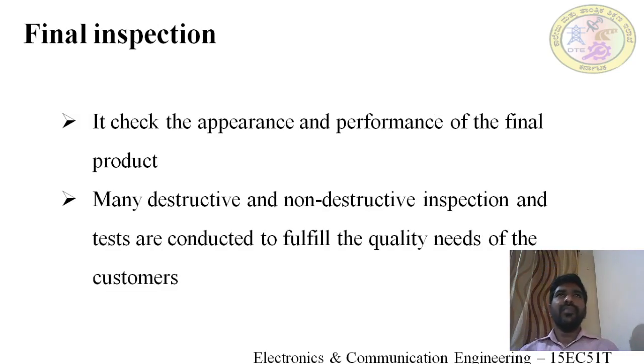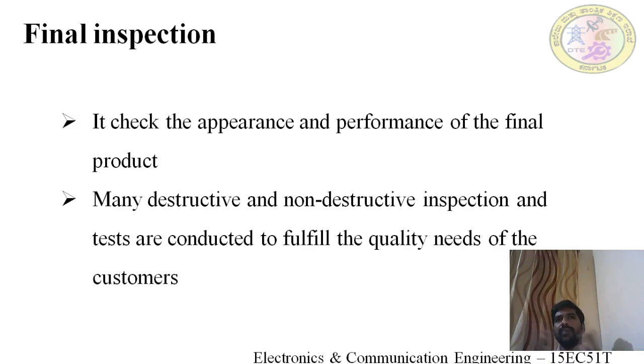Then final inspection. The final product needs to undergo verification, both performance verification and non-performance verification. Performance verification we call functional verification. Non-performance verification we call appearance: how it is made, how the color is, how it looks, what material is molded.